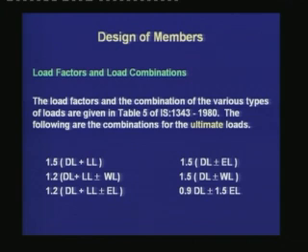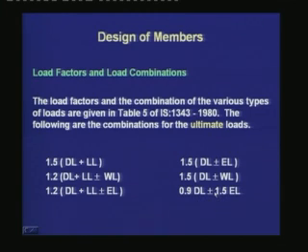The following are the load combinations for the ultimate loads: 1.5 times dead load plus live load, 1.2 times dead load plus live load plus minus wind load, 1.2 times dead load plus live load plus minus earthquake load, 1.5 times dead load plus minus earthquake load, 1.5 times dead load plus minus wind load, 0.9 times dead load plus minus 1.5 times earthquake load.